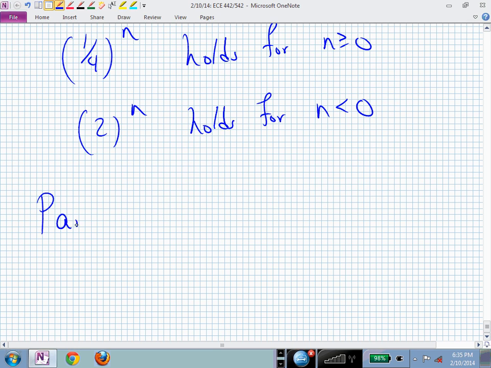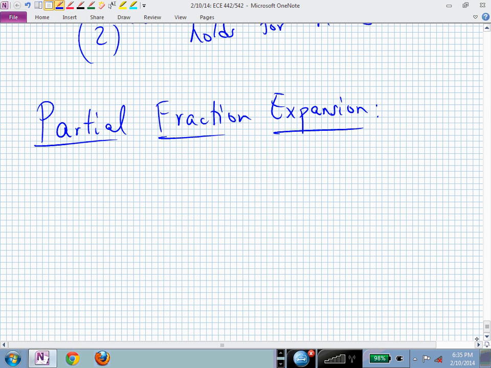And via the partial fraction expansion, we're going to find the contribution or the weights on those two modes. Our partial fraction expansion will now give us the specific expression for little x of n.